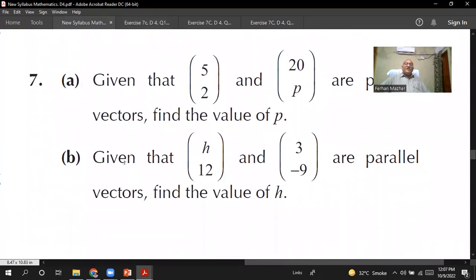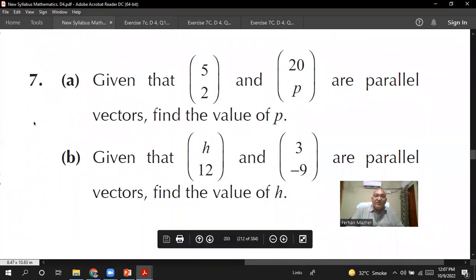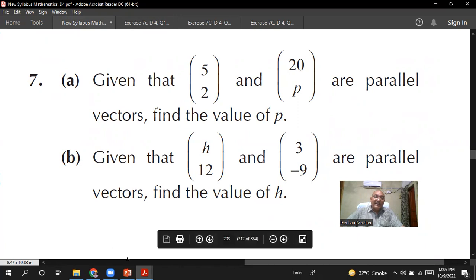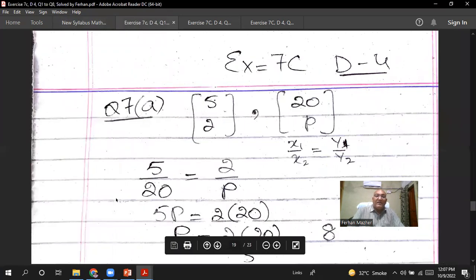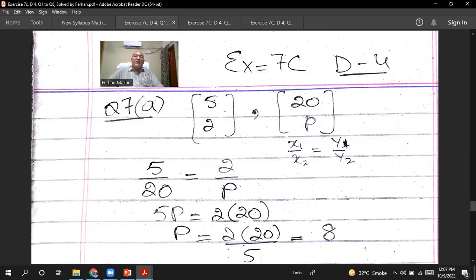Okay, so we are going to the next question. That's question number 7. He says, given that (5, 2) and (20, p) are parallel vectors, find the value of p. Okay, he says that they are parallel. So because they are parallel, the ratio of x1 to x2 should be equal to the ratio of y1 to y2.